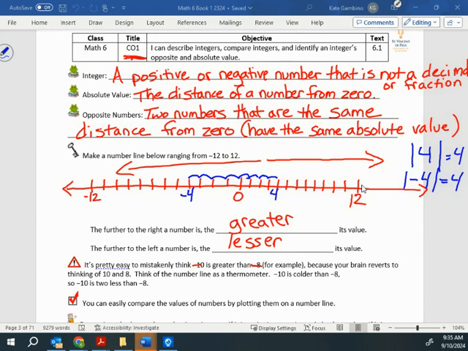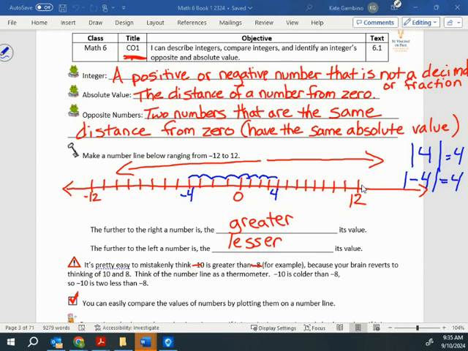So the absolute value is never going to have a negative sign. It's just how many jumps does it take to get to 0. We're either jumping to the left or we're jumping to the right. But it's always going to be that positive number. So that's the absolute value. How far away? How many jumps to get to 0?